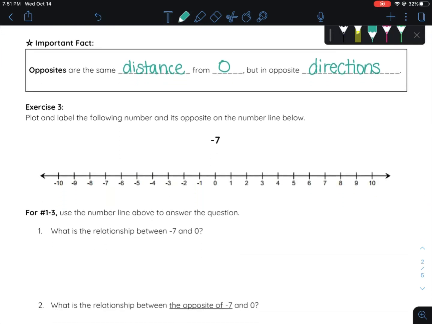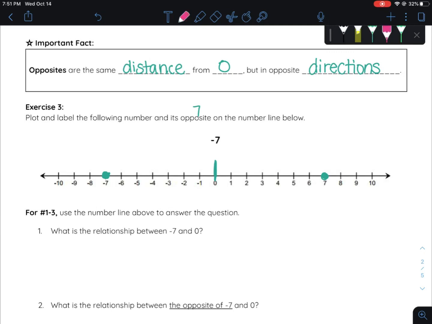So we want to look at the following number and its opposite on the number line. And that number is -7. So I'm going to go ahead and plot -7. Here it is. And then I'm going to plot its opposite, which would be 7. Okay? Now, our important fact is talking about the number 0. So I'm just going to mark 0 so that we have a starting point here, okay?